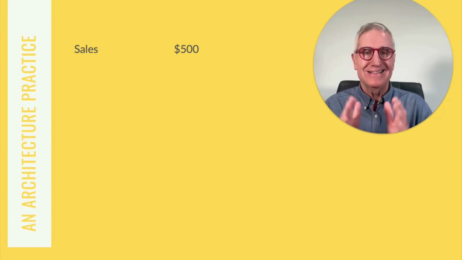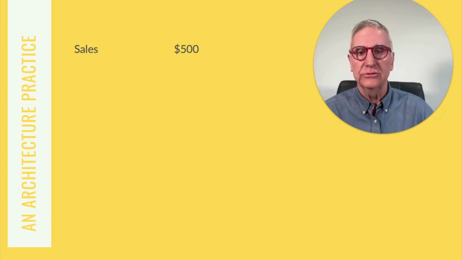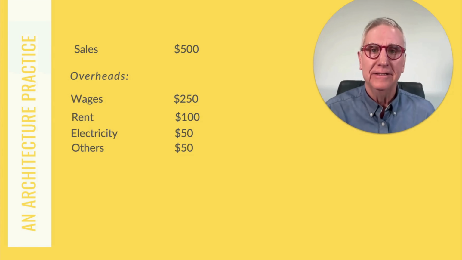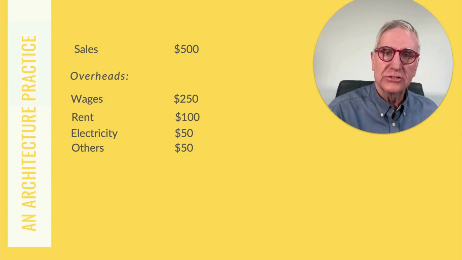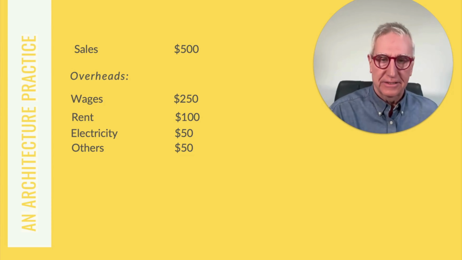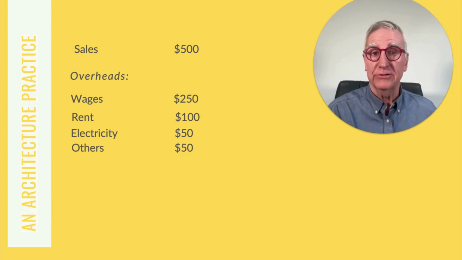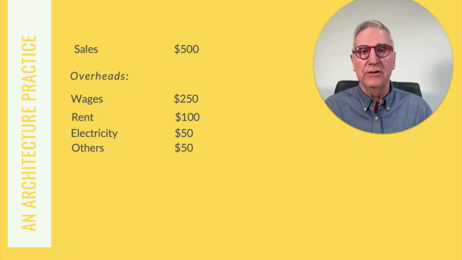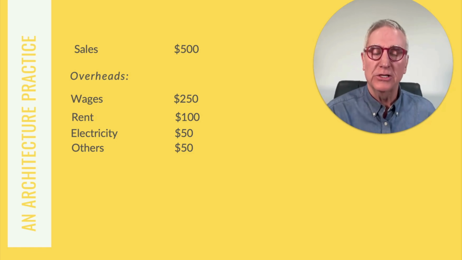But at the moment, let's just think of the P&L as sales, then less our overheads, and these are your fixed costs. The wages and salaries in an architectural practice tend to be relatively fixed. You may get rid of people, you may hire people, but they're not going to come and go, and that number's not going to fluctuate too much month by month.